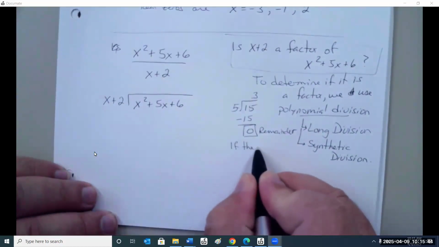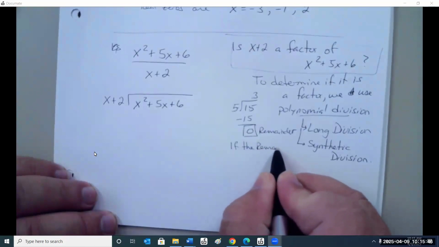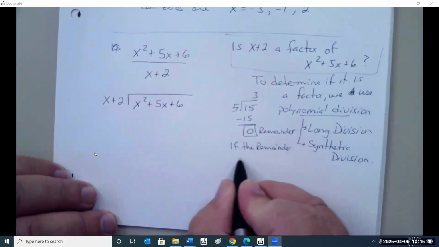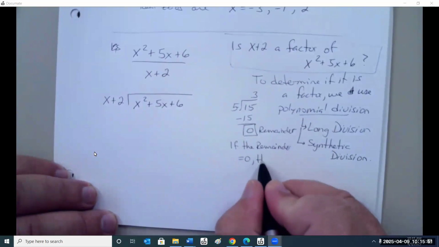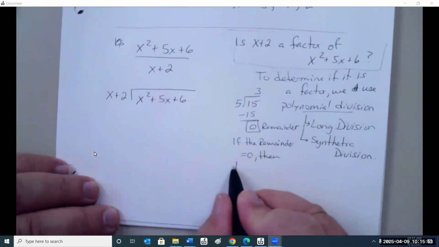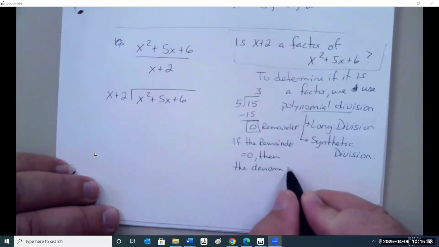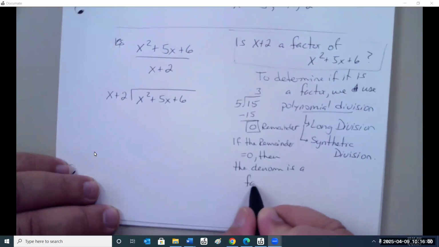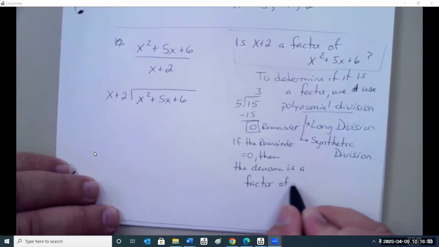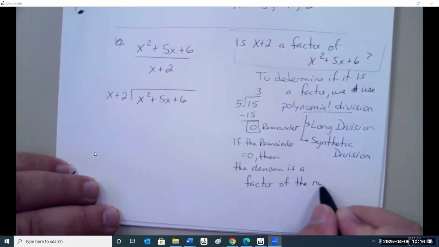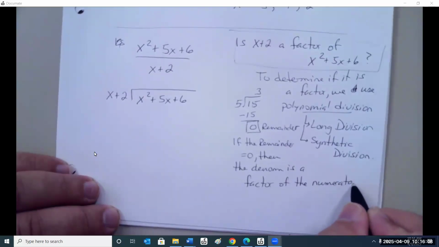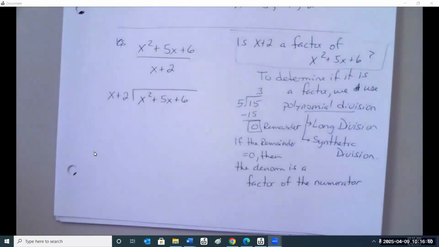If the remainder equals 0, then the denominator is a factor of the numerator. So that's what the whole first part's about.